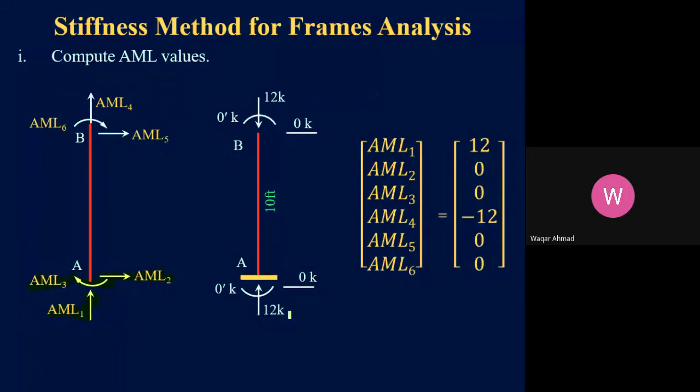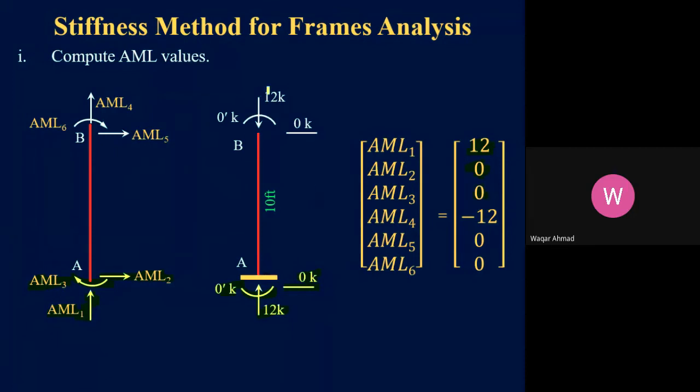I will call this value my AML1 value. What is my AML2? This is my AML2. The value is 0. AML3 is a bending moment. Is there any bending moment at this point? No. This is going to be 0.